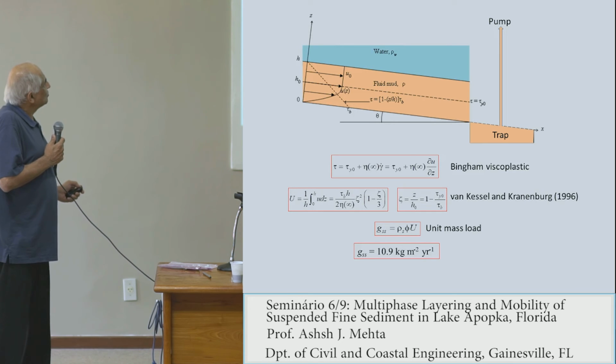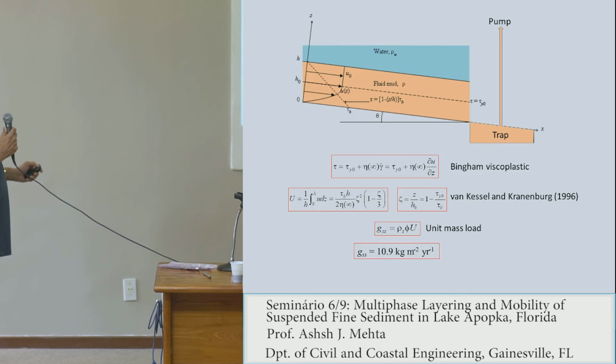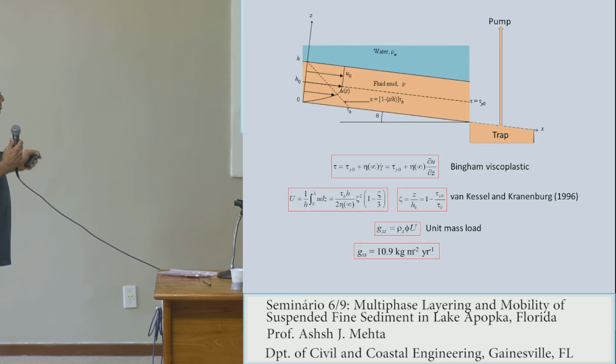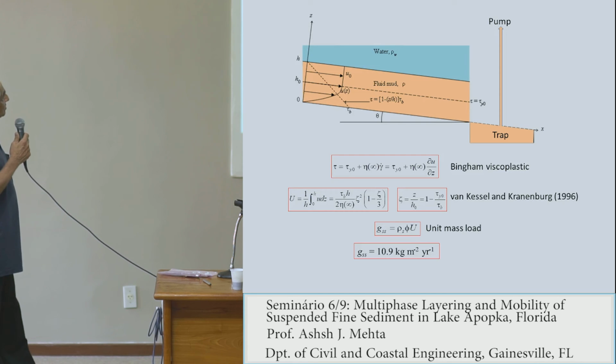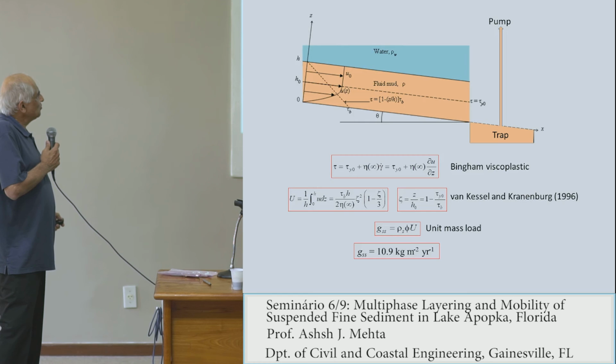What I did here is that in this model you cannot use the Worrell-Tuliani equation, so I just used the regular straight line equation that I showed you. But be that as it may, you come up with the unit mass load, that is the amount of mass that flows down per unit width perpendicular to the board here. And so you can calculate how much is going to move.